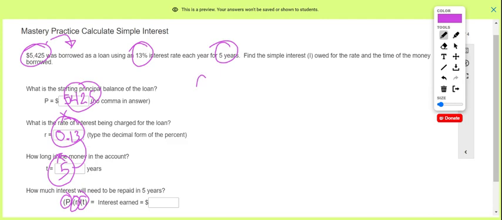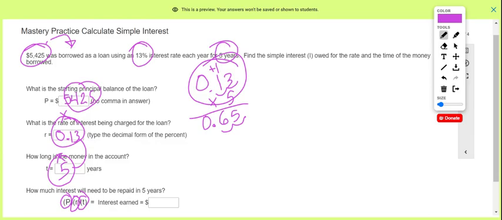So we can multiply the first part of this times 5, and then move your decimal place value over 2. So after multiplying 13 hundredths times 5, now we're going to multiply that by 5,425.